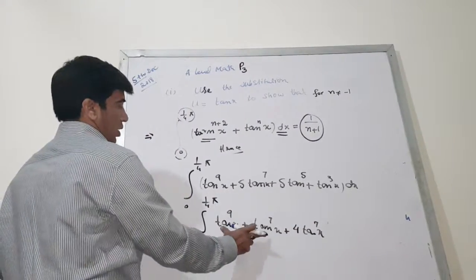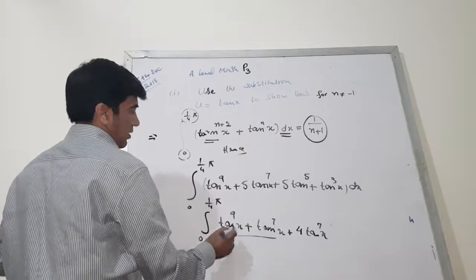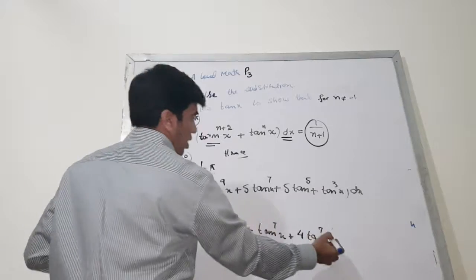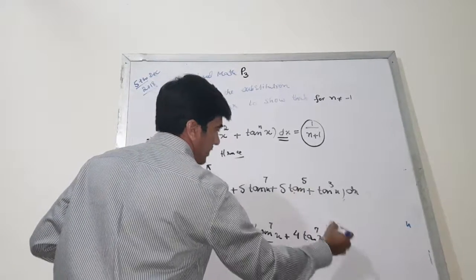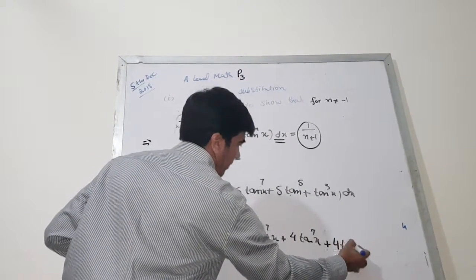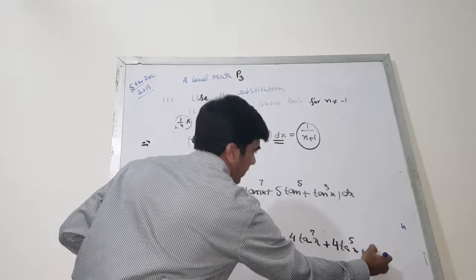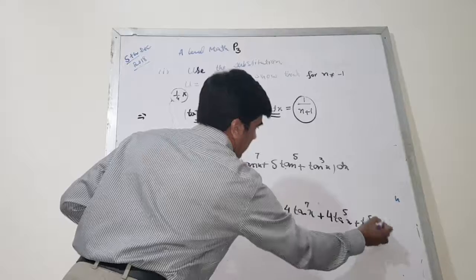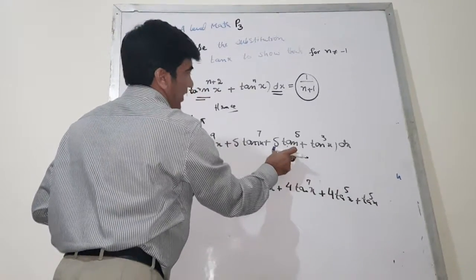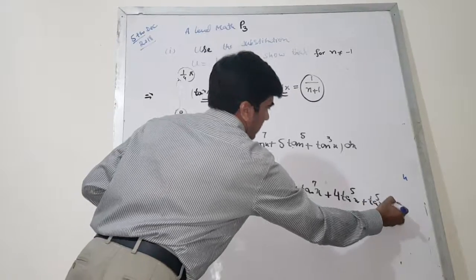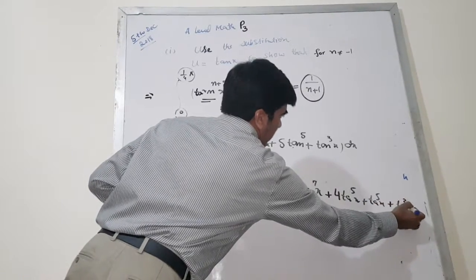Now you have this form and this is exactly this form. Now again I write this 4 tan 5x, as you have split 5 tan 5x into 4 tan 5x plus tan 5x. So the next is tan 3x.